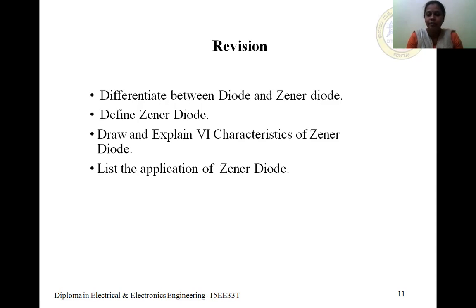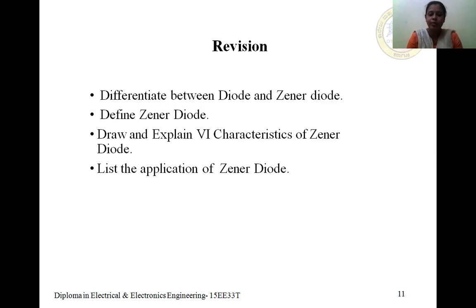Coming to the second point, ordinary diodes conduct current in only one direction, whereas a Zener diode conducts current in both directions. That is, an ordinary diode conducts only in the forward bias direction, whereas a Zener diode conducts in both forward biased as well as reverse biased conditions.